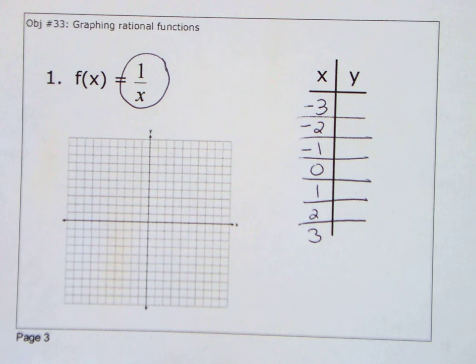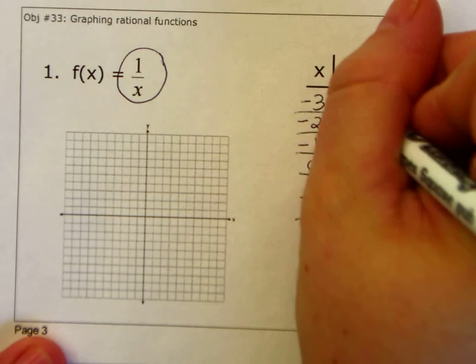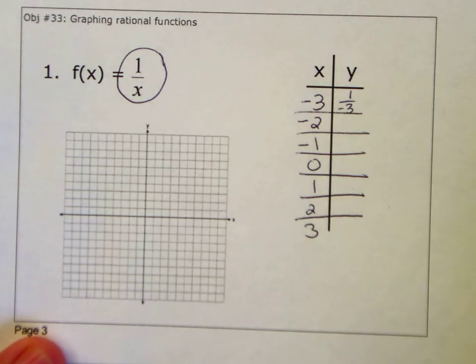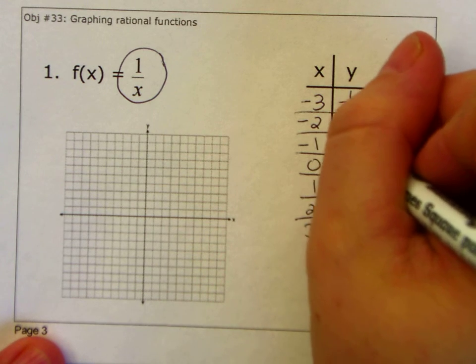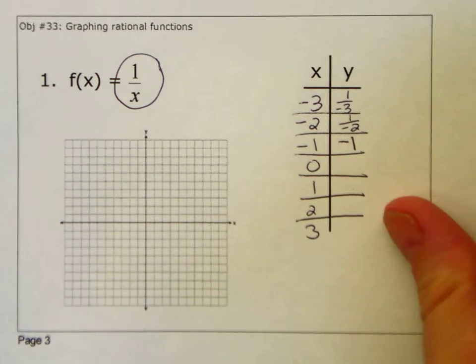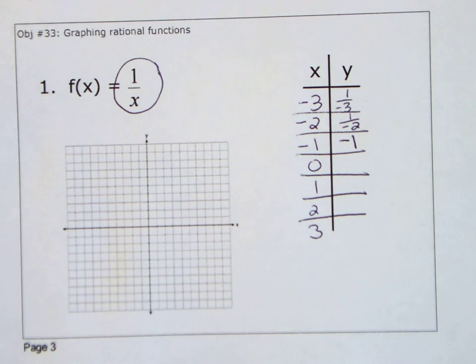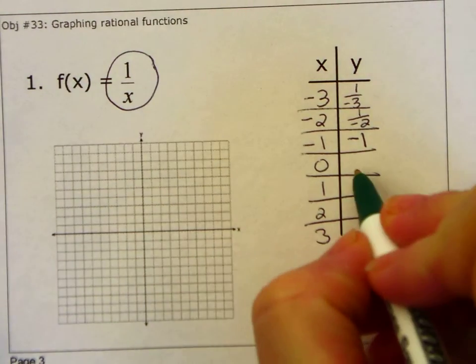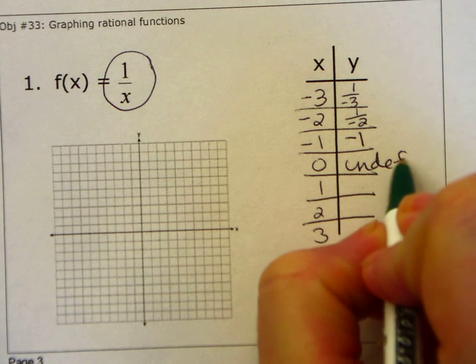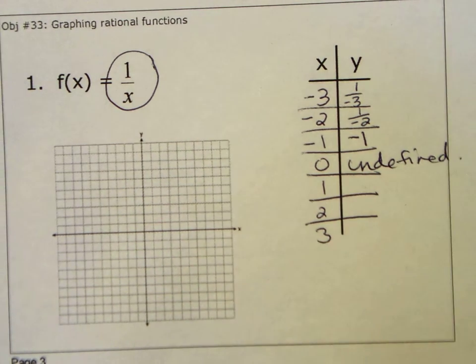What do you get when you plug -3 in? That's just 1 over -3. -2, 1 over -2, -1. What do you get when you plug 0 in? What is that? That's undefined. You can't do 1 over 0. So this is undefined.